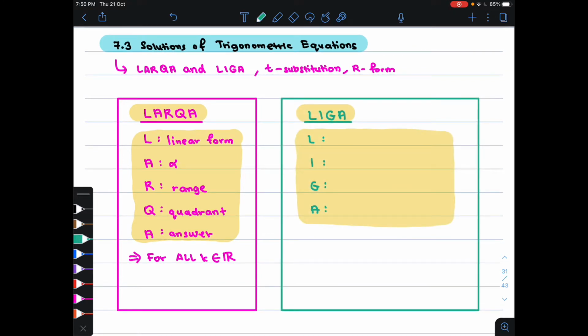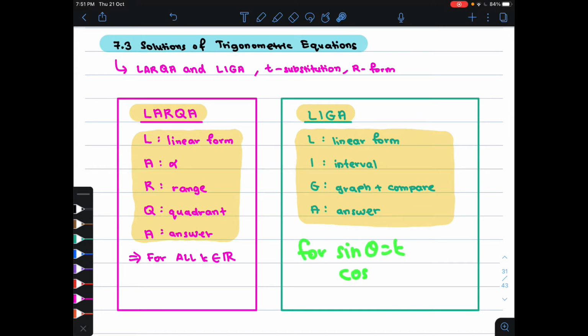Now, what about LIGA? L is linear form, I is interval, G is for graph, and then you need to compare the graph, and A is answer. You can also use LIGA in order to solve for sin theta equal to K, cos theta equal to K, and tan theta equal to K. But this is for certain values of K only.